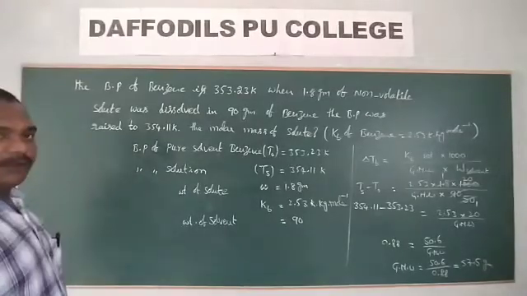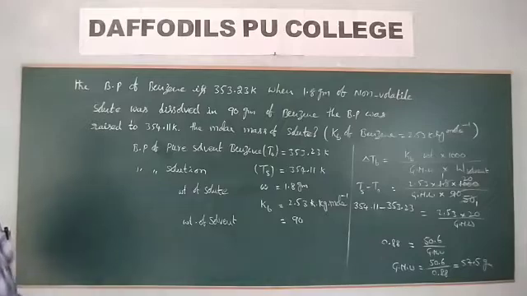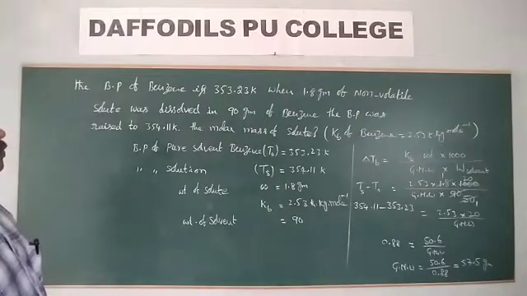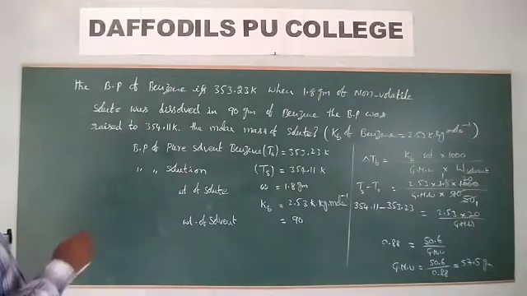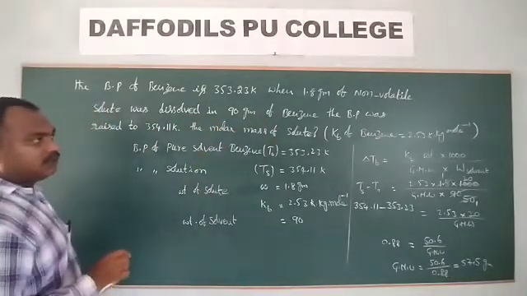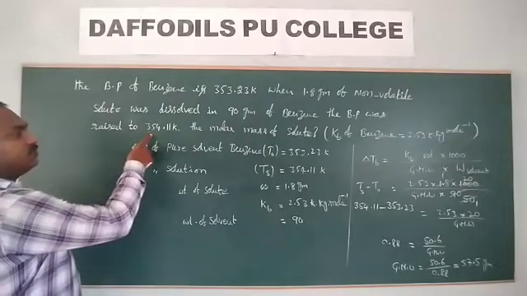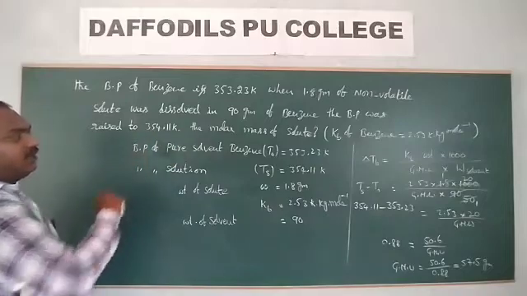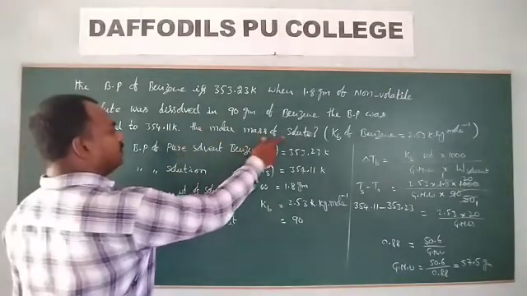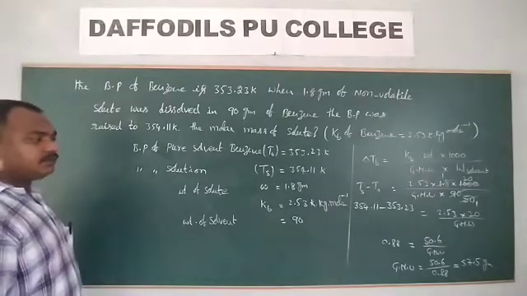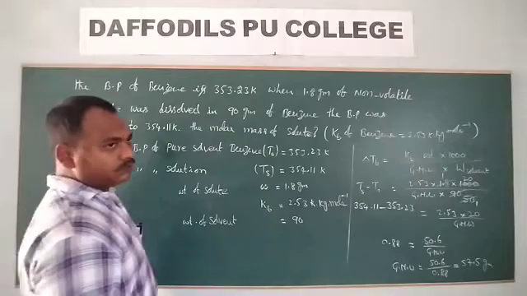Okay, look at the fourth problem. The boiling point of benzene is 353.23 Kelvins. When 1.8 grams of non-volatile solute was dissolved in 90 grams of benzene, the boiling point was raised to 354.11 Kelvins. The molar mass of the solute is. So you have to find out the gram molecular weight of solute.